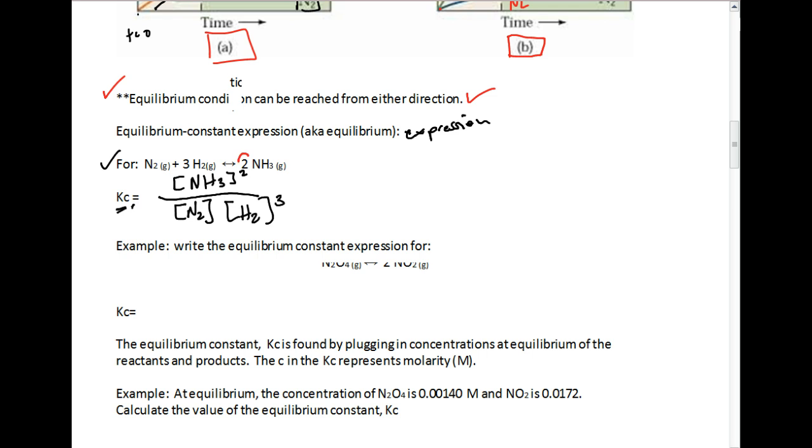So the NH3 has a coefficient of 2, and the H2 has a coefficient of 3, so that's what we raise those to. What we just wrote here is called an equilibrium constant expression, and this Kc is the equilibrium constant for concentration. Okay?